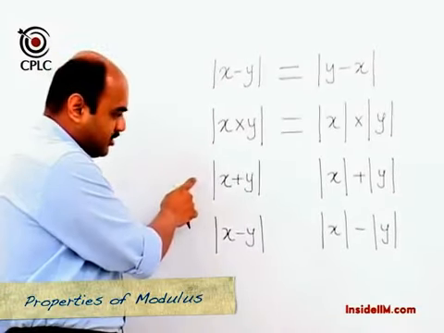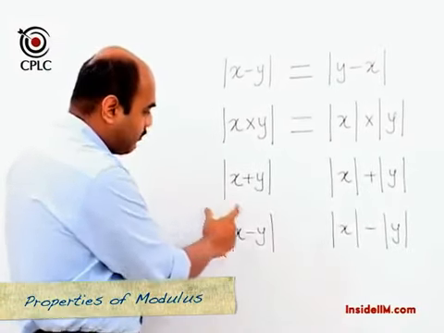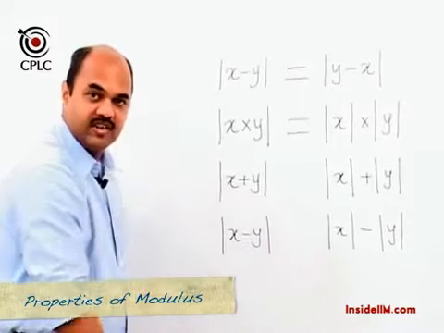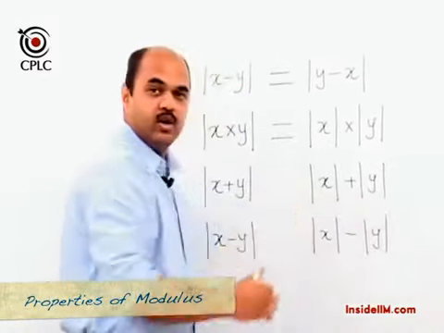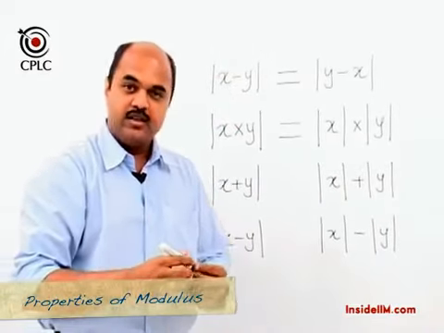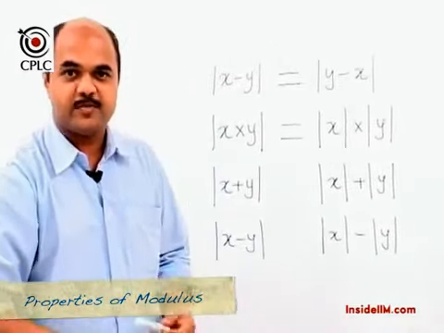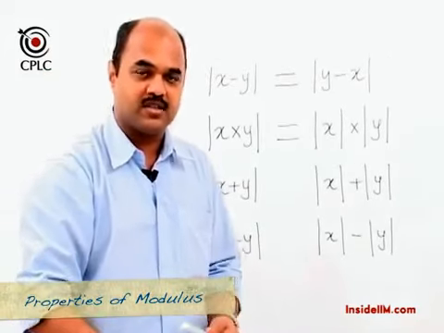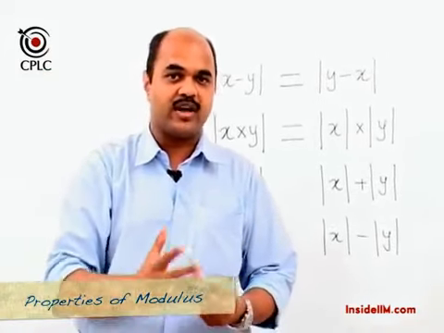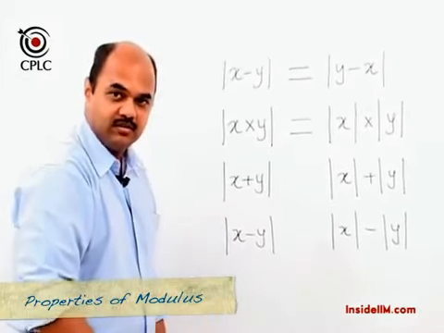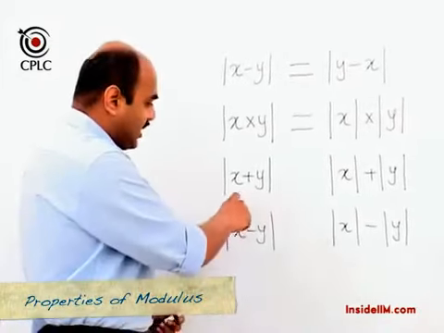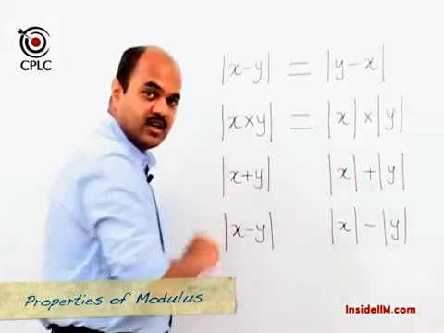When I consider this particular example where you have mod of x plus y on the left hand side and split up as mod x plus mod y on the right hand side, these two will not always be equal. There are two kinds of answers that we get depending on the values considered. It is possible that these two are equal.